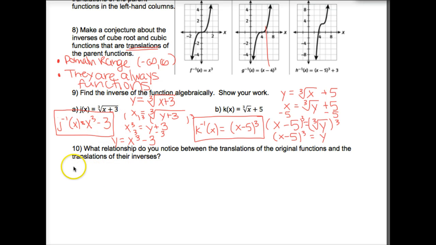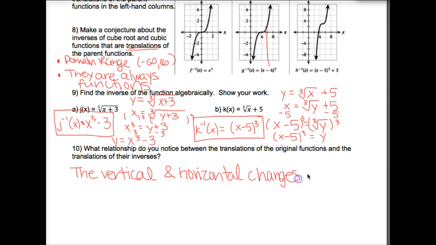So the relationship is that the vertical and horizontal changes are switched.